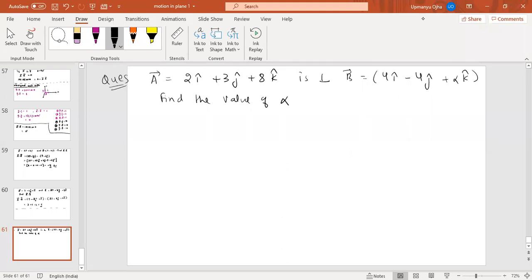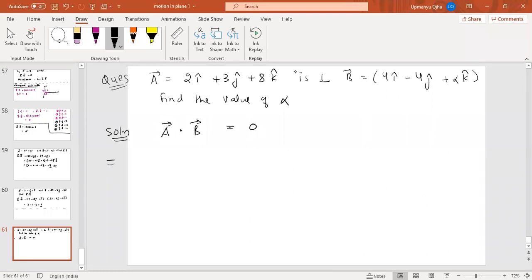Both are perpendicular to each other. What is the value of alpha? Half. Okay, very good, the answer is half. Now, if A and B are perpendicular, then A dot B should be equal to 0. So A dot B is equal to 0.